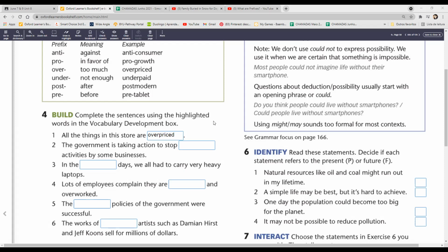I finished it. Okay. What about the others? Have you finished too? Yes, I finished. All right. So let's check it out, people.